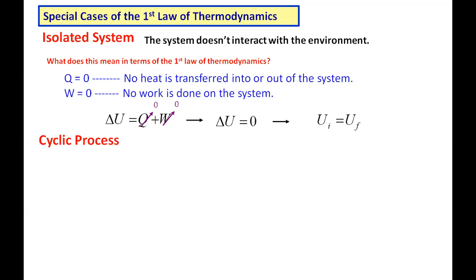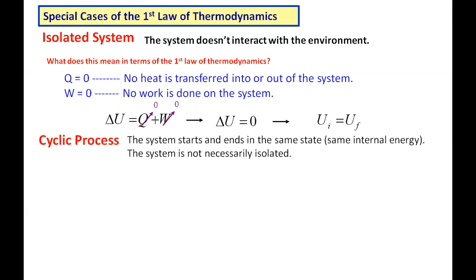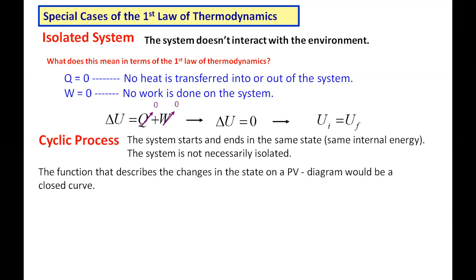In a cyclic process, this means the system starts and ends in the same state, same internal energy. So the system is not necessarily isolated. The function that describes the change in state on a PV diagram would be a closed curve.